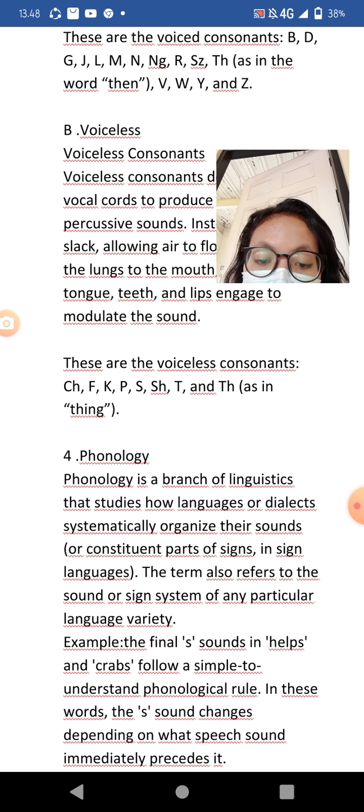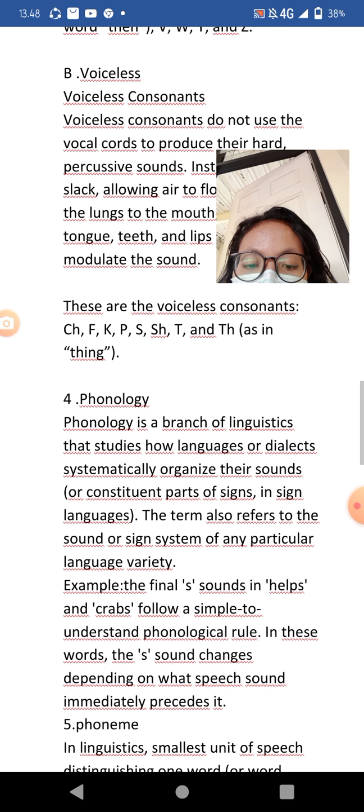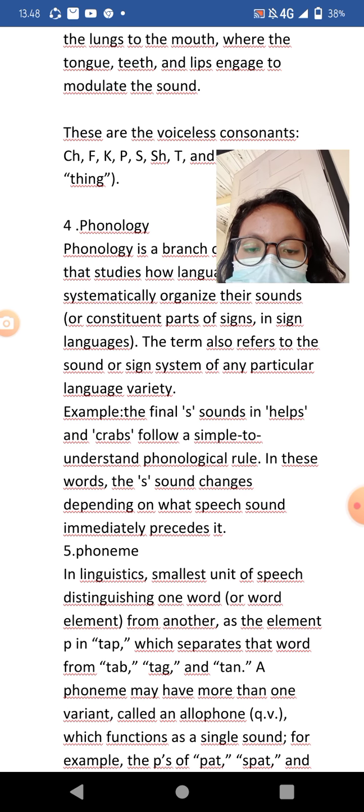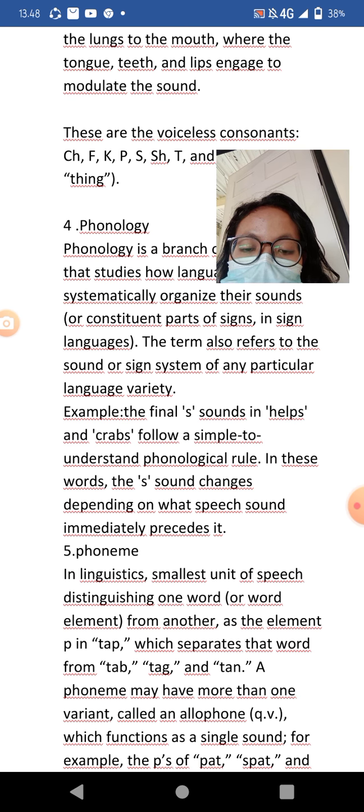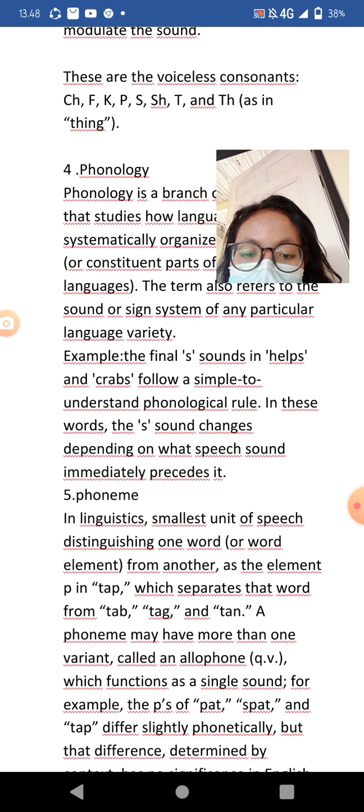Example: the final S sounds in herbs and crabs follow a simple to understand phonological rule. Number five, phoneme. In linguistics, the smallest unit of speech distinguishing one word from another, as the element p in tap, which distinguishes that word from tab, tag, and tan.